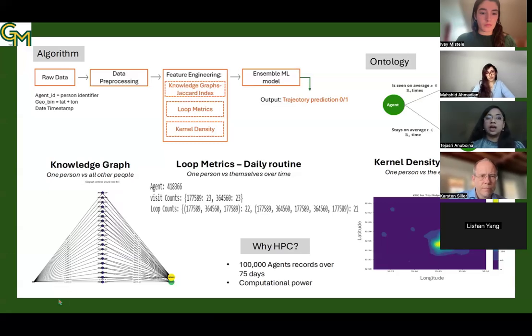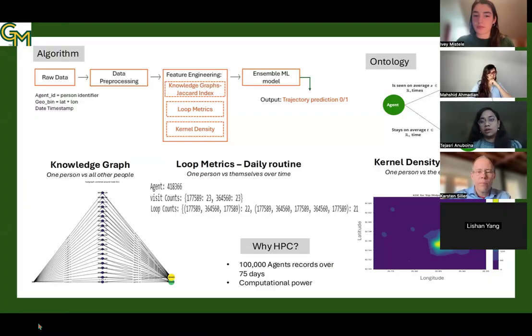And then we have the density metric. This measures how a person moves related to their surroundings. If someone often travels through low level traffic or isolated regions, it indicates deviation from typical crowd behavior. The density metric uses spatial context difference. All these features are combined in an ensemble machine learning model and trained to detect anomalies.